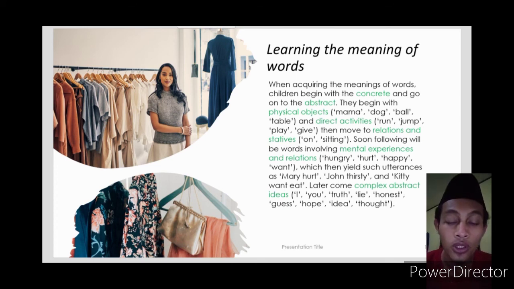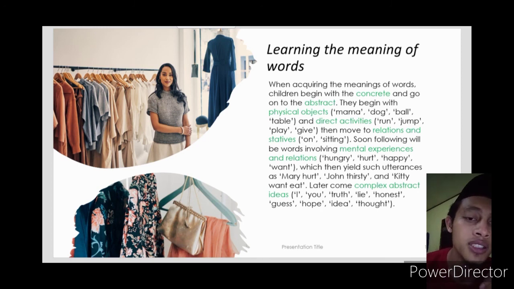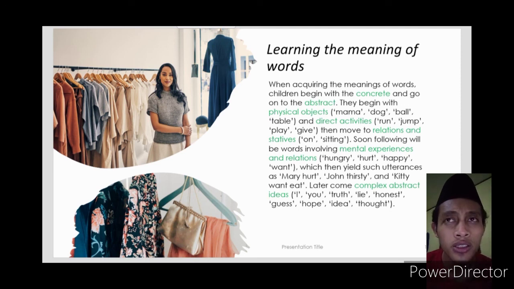For example, when the children walk with their mother or their fathers, the fathers and mothers can sit down on the chair because they feel tired.